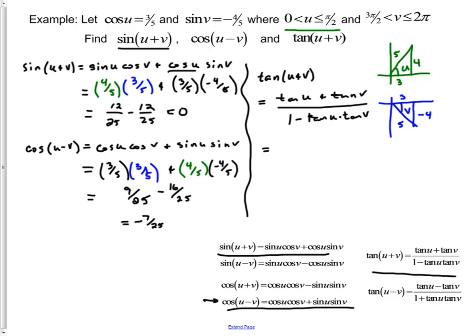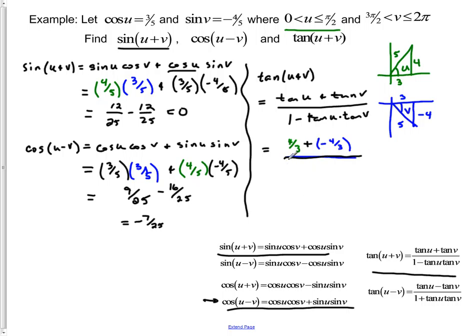Tangent of u, well, u is this angle right here, so that's going to be 4/3. And we're going to add to that tangent of v, and that's going to be negative 4/3. Oh, sorry, these were plus.